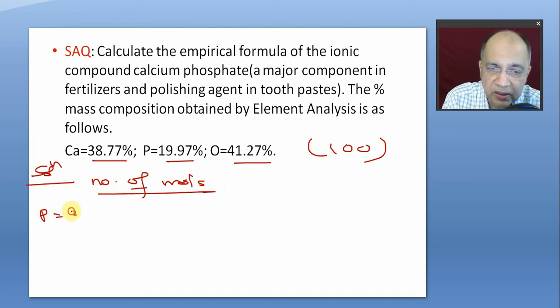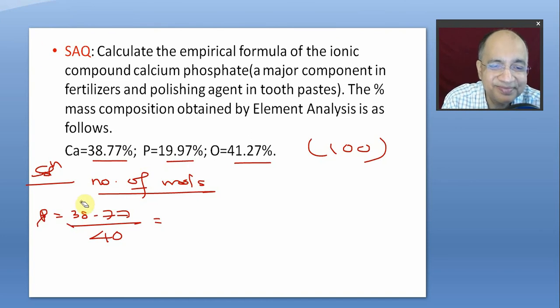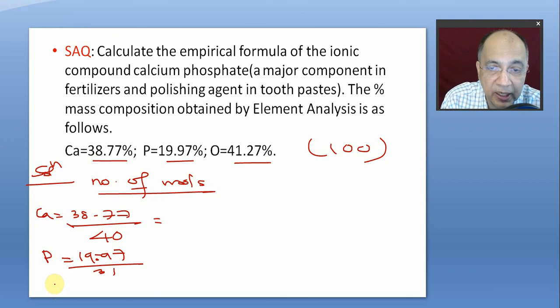Calcium will be 38.77 by 40. Similarly, phosphorus will be 19.97 by 31, and oxygen will be 41.27 by 16.